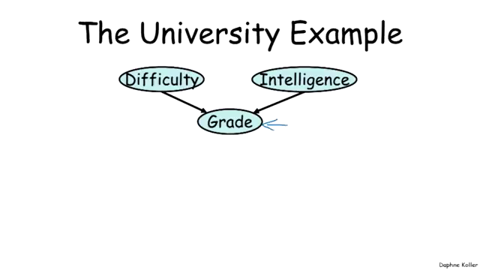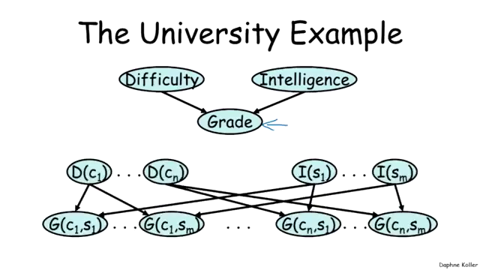Now, this is all fine if we're interested in reasoning just about an individual student, but now let's imagine that we want to think about an entire university. So now we have a difficulty variable. So these are all difficulty variables for different courses. In this case, C1 up to Cn are different courses that exist in our university.